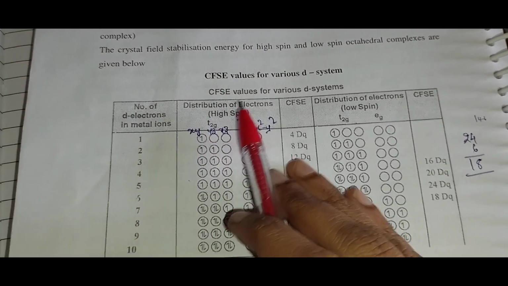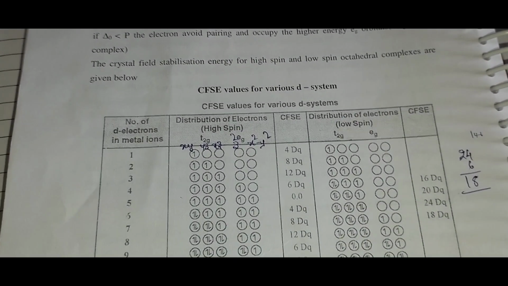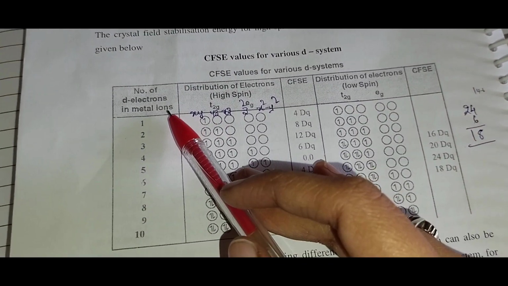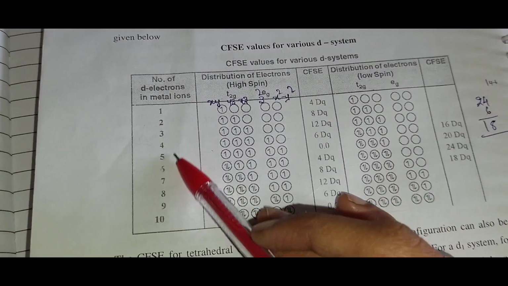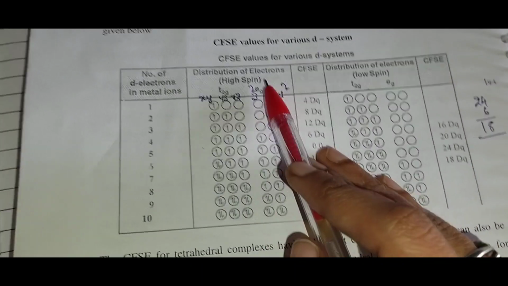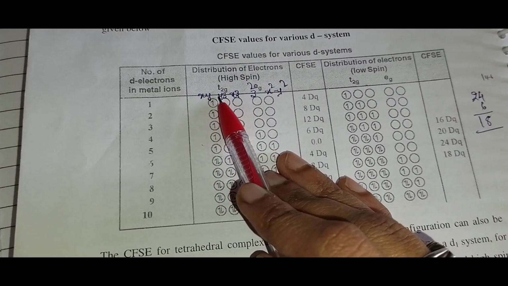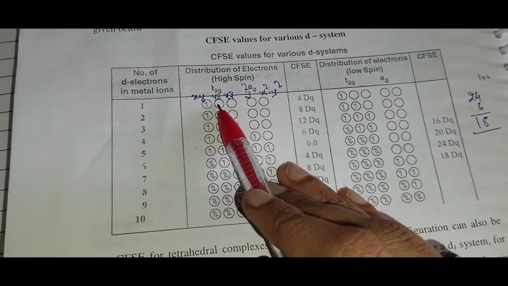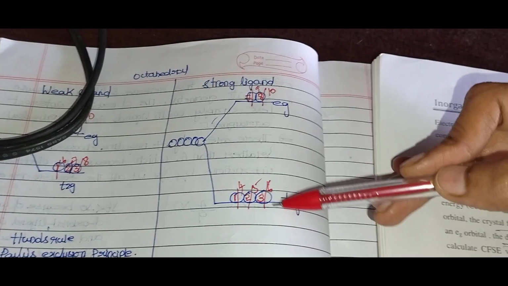So when we see the CFSE values for various d systems in octahedral, we know how many electrons will be there in d. So 10 we know. So in high spin complexes, as we know, t2g means dxy, dyz, dxz, lower energy.